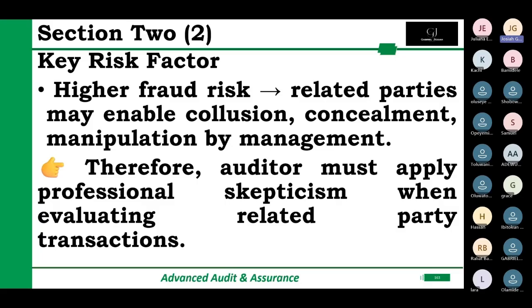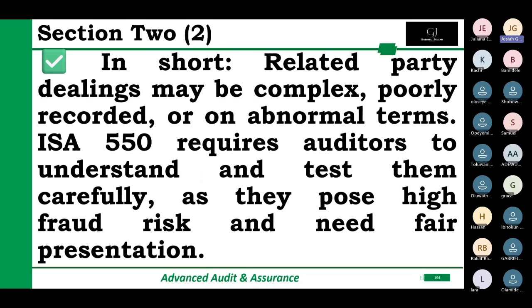So the auditor must apply professional skepticism in dealing with related party transactions, in identifying them, evaluating them, and reporting on them. The auditor must be very skeptical in carrying out his audit work. So in summary, related party dealings may be complex, and most of the times they are complex because they are poorly recorded, or on abnormal terms.